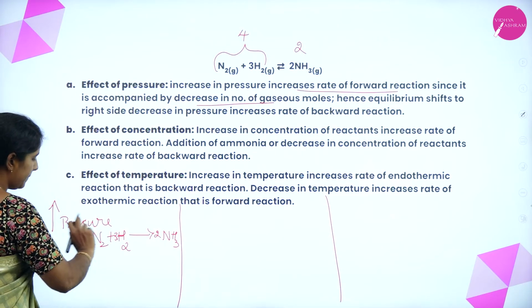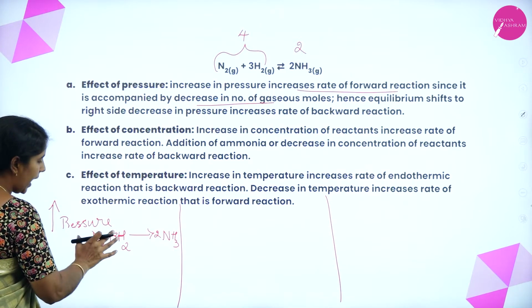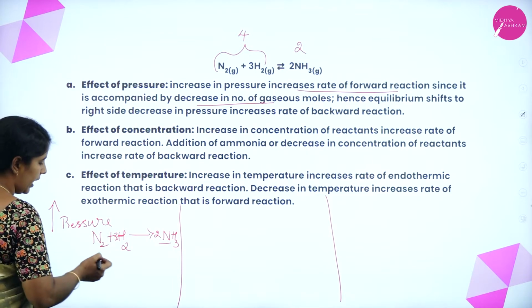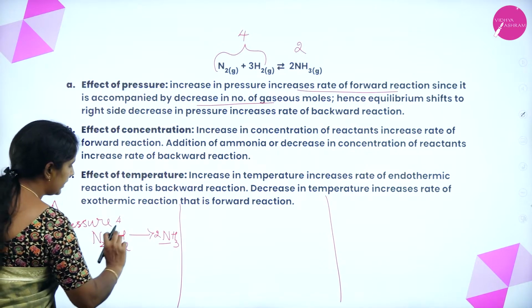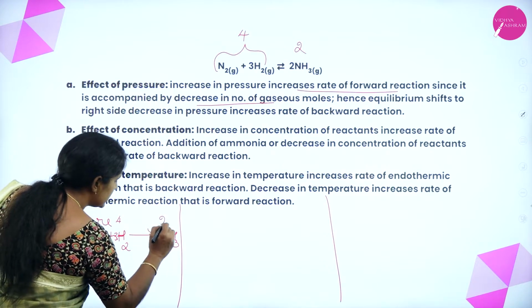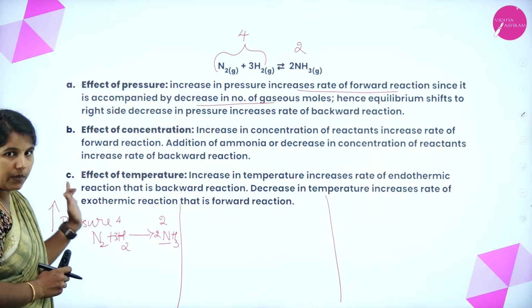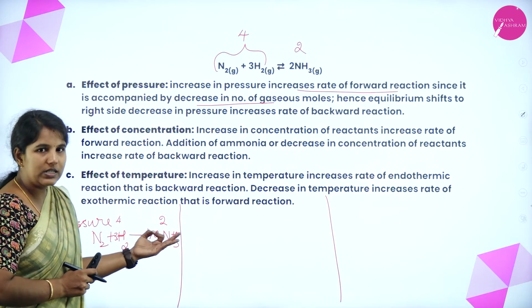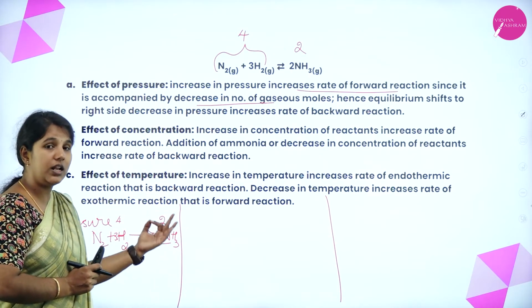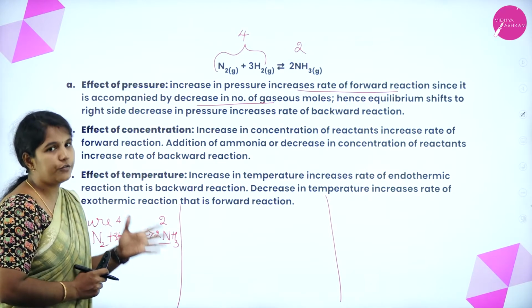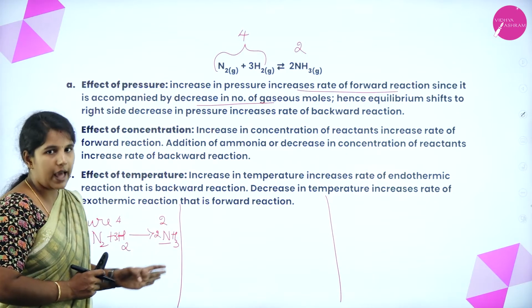When I increase the pressure, the reactants react and form ammonia, so the 4 moles of reactants become fewer, forming 2 moles of product. So, when I increase the pressure, there is a decrease in the number of molecules, and the reaction favors the forward direction.